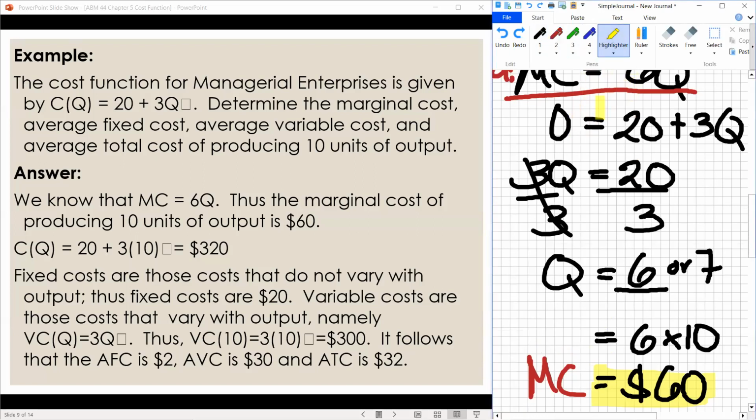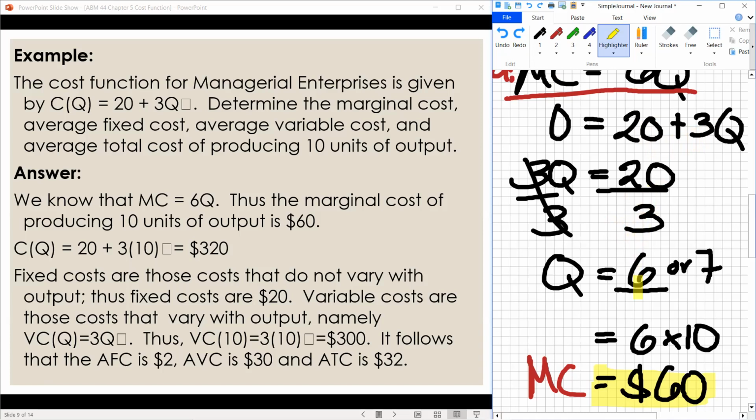So for marginal cost, we need to look for the quantity first, given that it was not provided. So we have output here, that would be at 10. So first we need to look for quantity. So that's how you'll get quantity. You just need to change cost to 0. Then you need to put it on the other side in order to divide or to cancel out the number, which is 3.